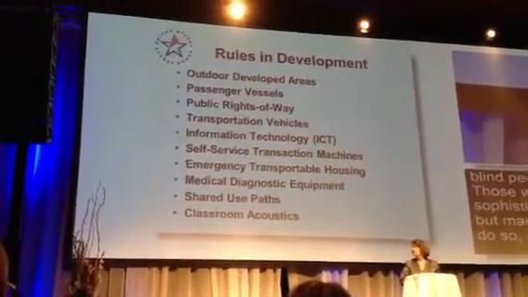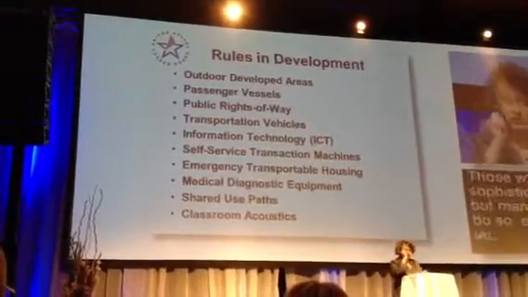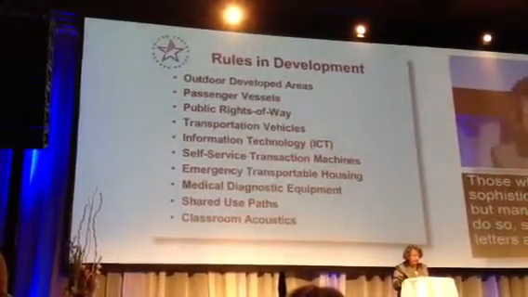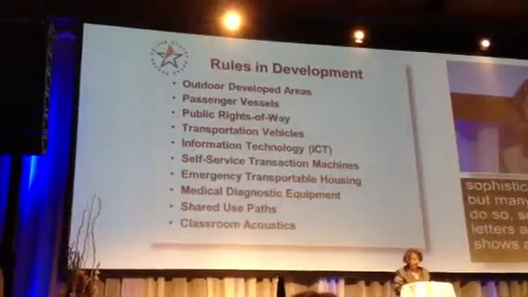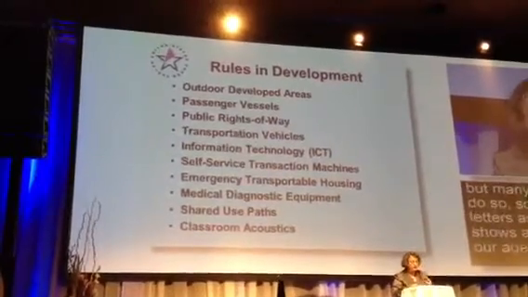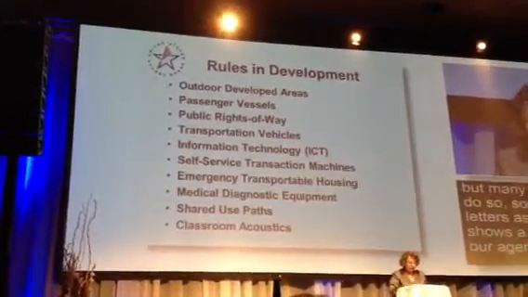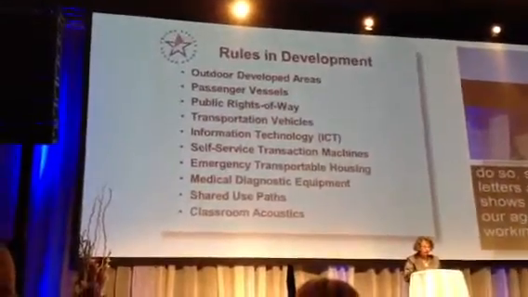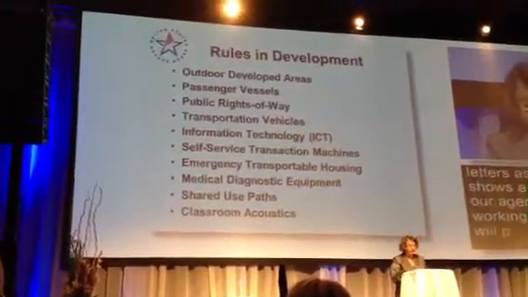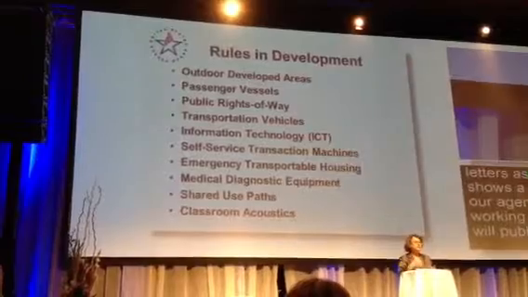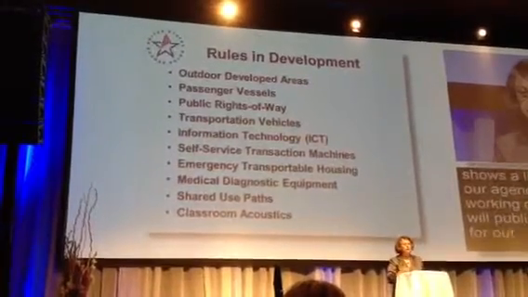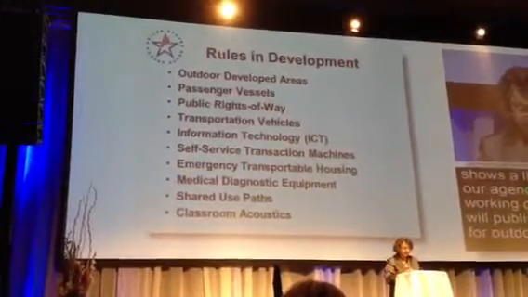Next slide. This slide shows a list of the projects that our agency is currently working on, and there are quite a few here. We are going to publish very soon some guidelines for outdoor areas. This is mostly picnicking and trails and hiking and camping.